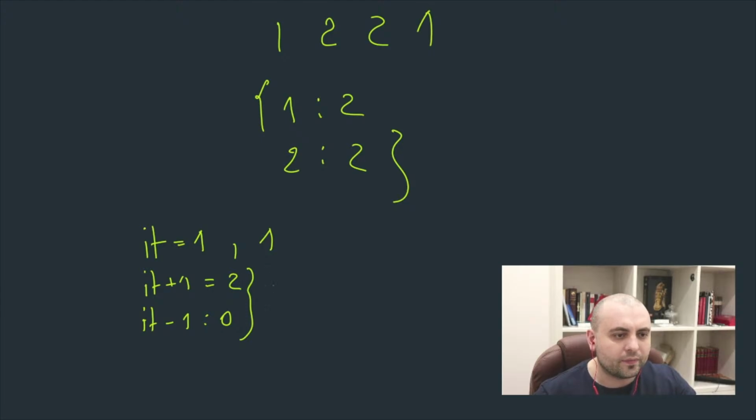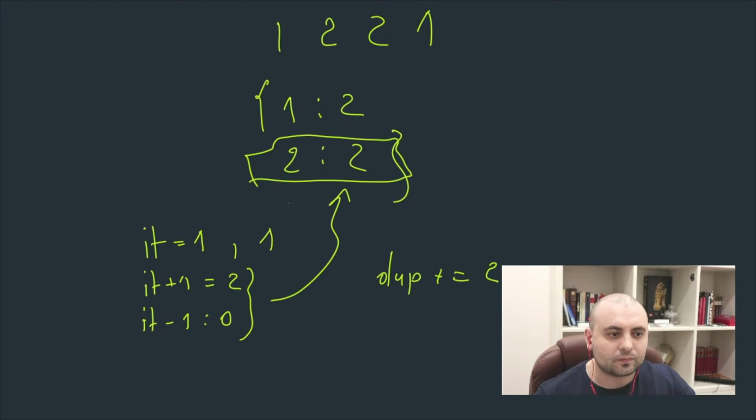And we have 2 here. Then we'll do duplicates plus equal this number plus 2, because we have 2 of them, 2 of 2's. But we did operations already with ones, so we'll need to decrease 1.